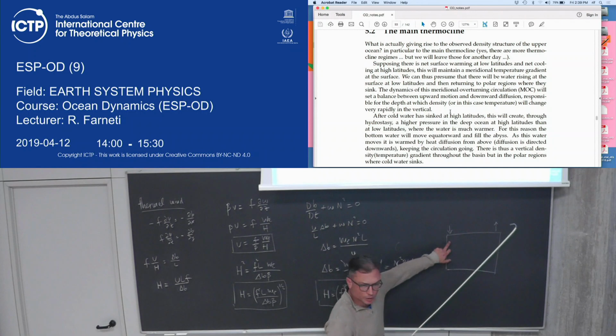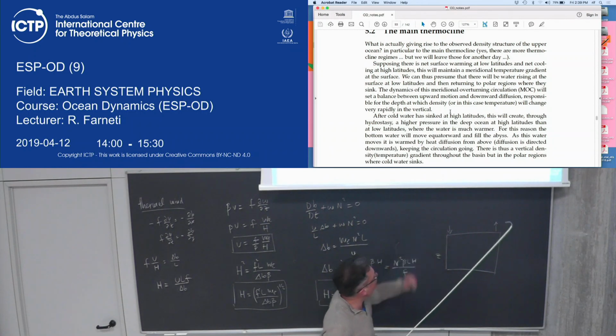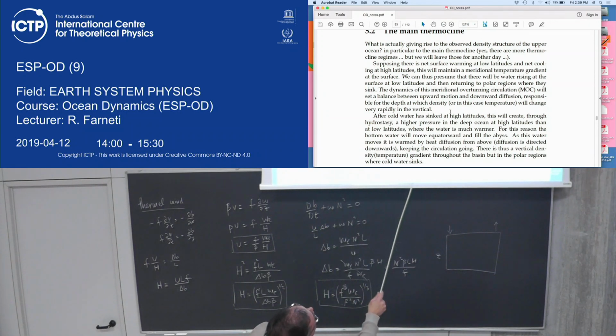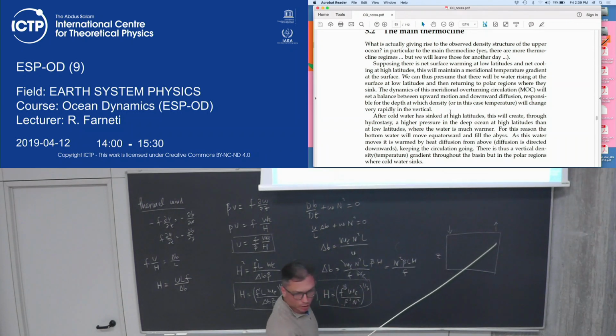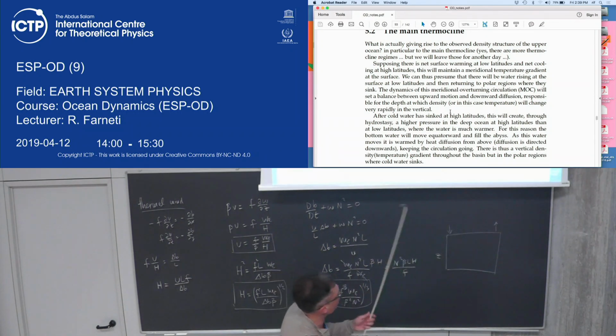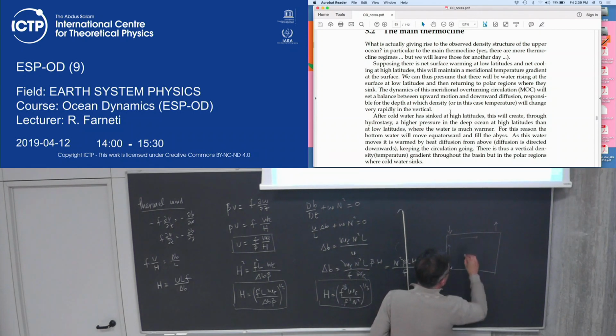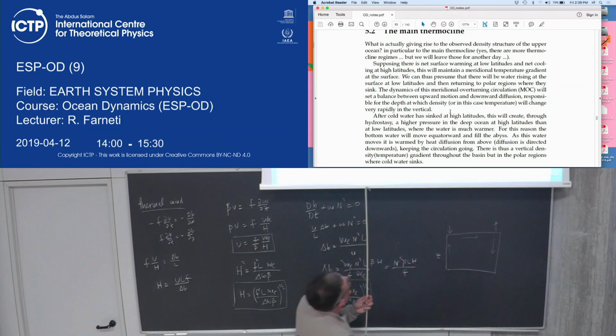Here it's warming, so water gets warmer, less dense, and will rise. And returning to polar regions, they actually sink because they become colder, denser, and they sink. Okay. So I think of the circulation, then they go towards the low latitude where they become less dense and they rise.